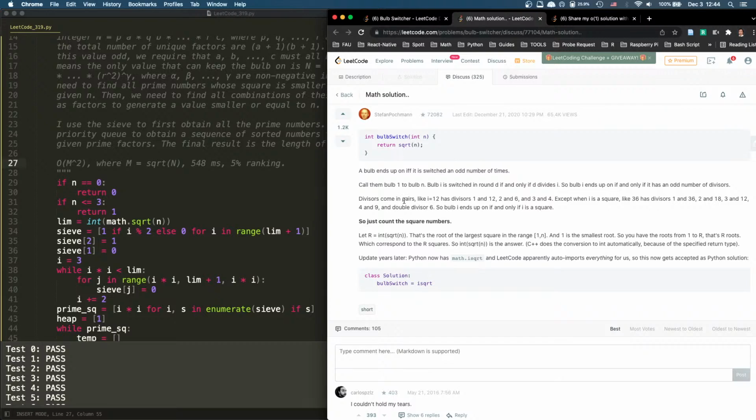Divisors come in pairs, except for when it is a square. Oh. So we need to find out how many square numbers there are.